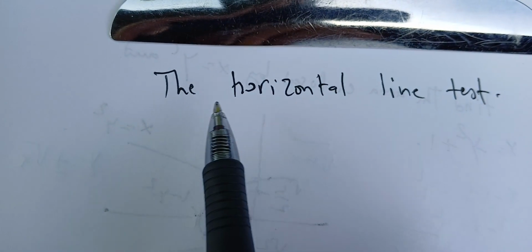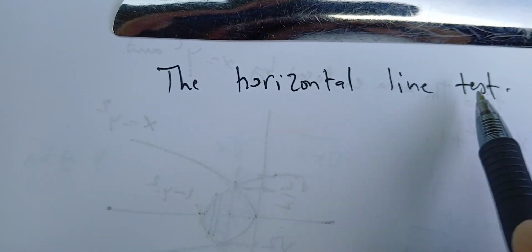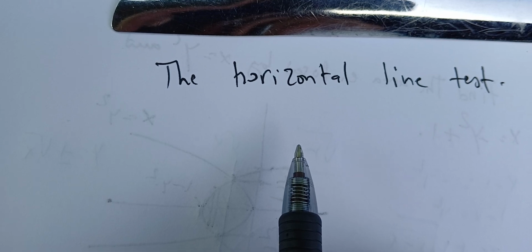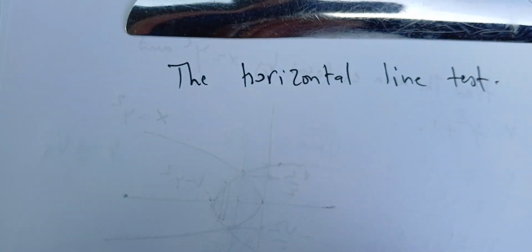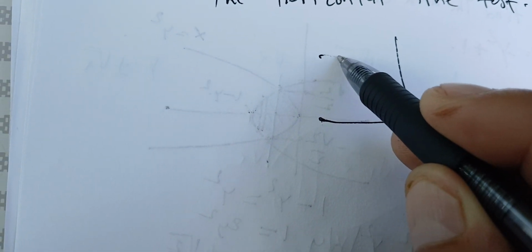Now we're going to see what we mean by the horizontal line test. Assume that we have some function f of x and its graph is something like this.